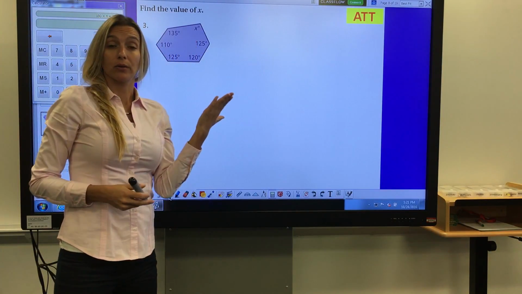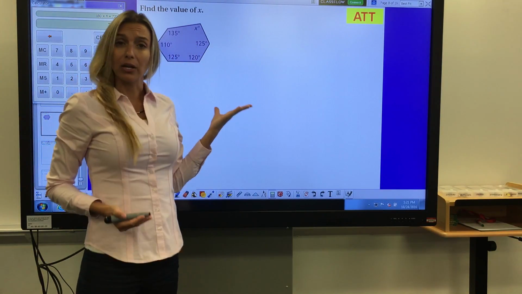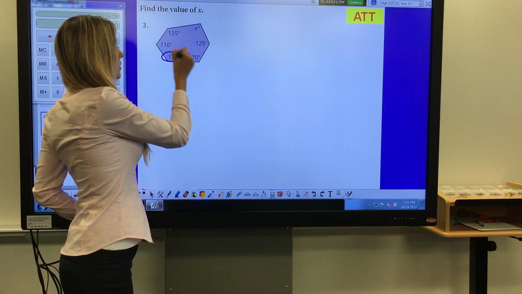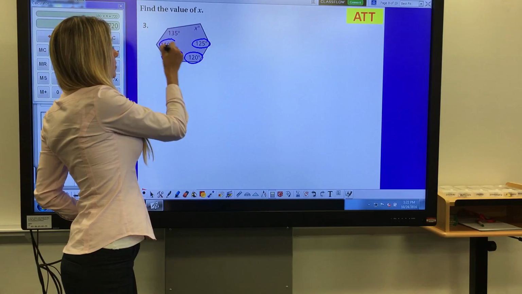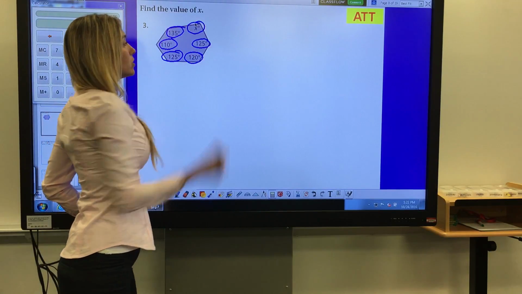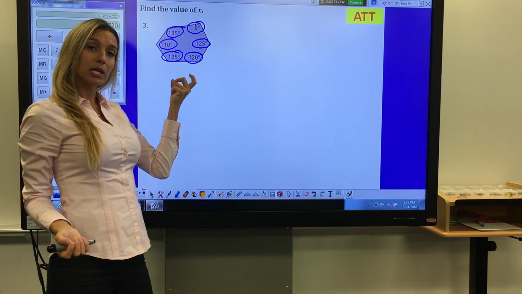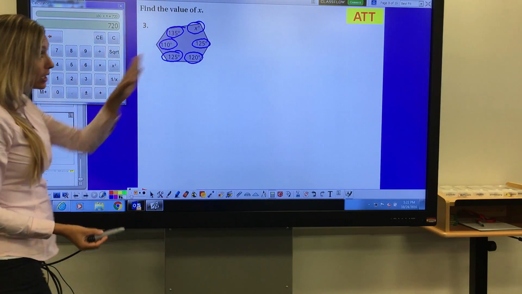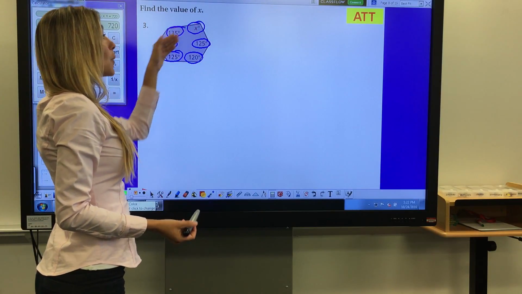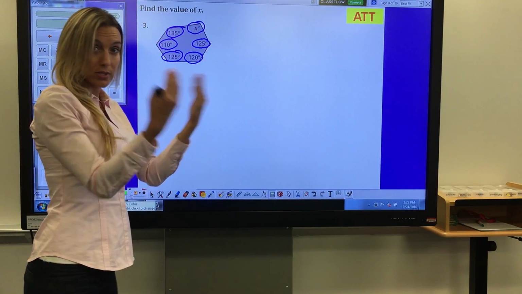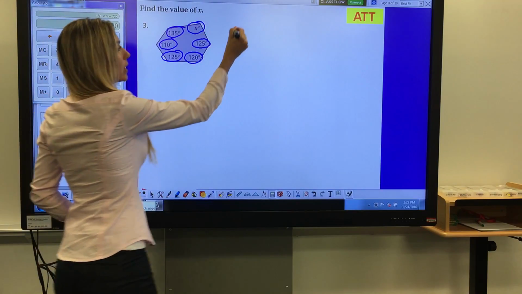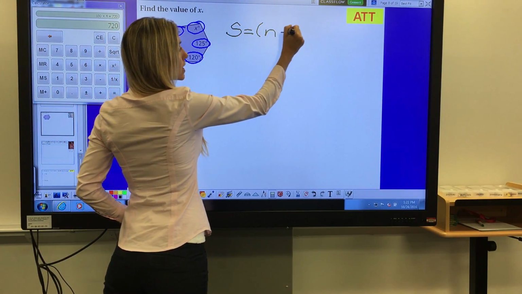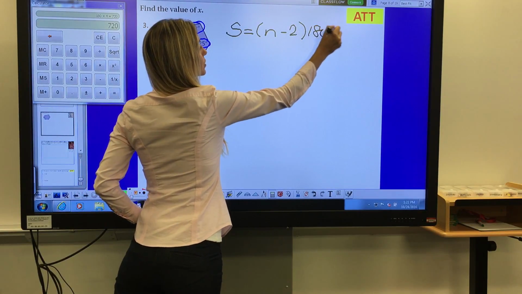I don't know what the sum of all the angles is equal to. I need to first figure out what the sum of these angles is equal to. Well, let's figure this out. You can either draw triangles and see how many triangles fit in, or you can apply that formula where S, the sum of all the angles, equals number of sides minus 2 times 180.